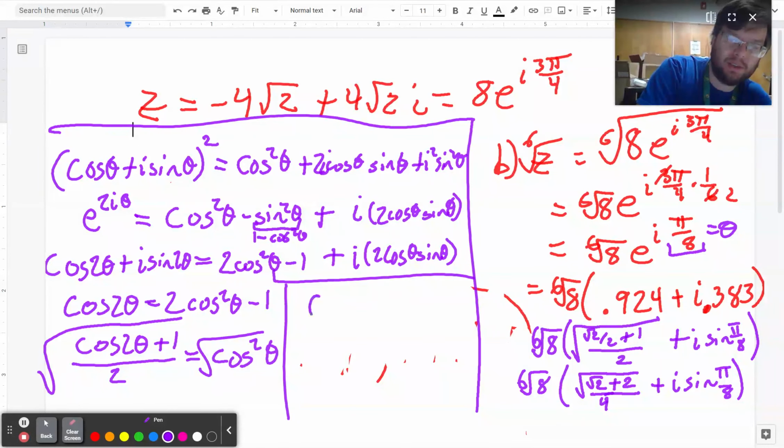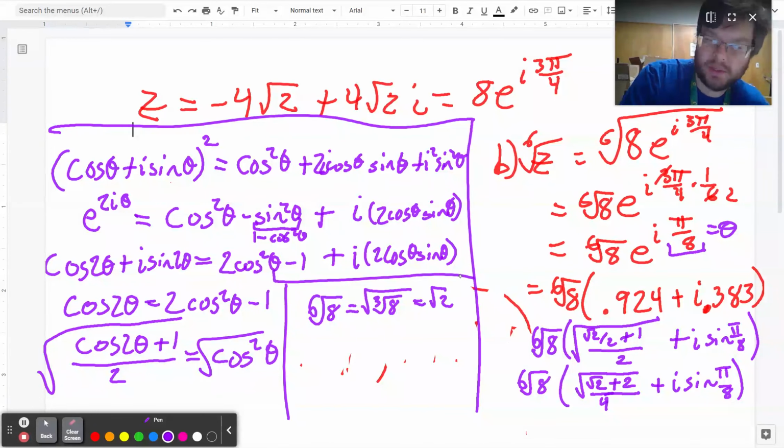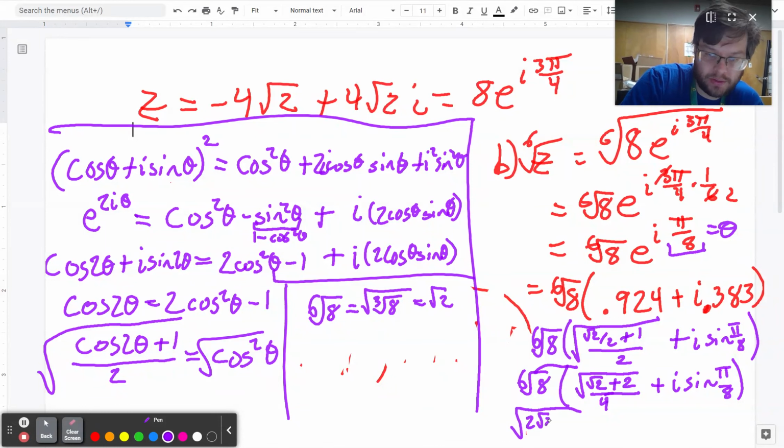The sixth root of 8 is the same as the square root of the cube root of 8, which is just the square root of 2. So when we multiply the square root of 2 in here, what we have is the square root of 2 root 2 plus 2 times 2 is 4.